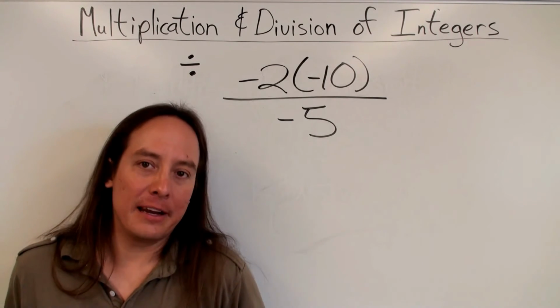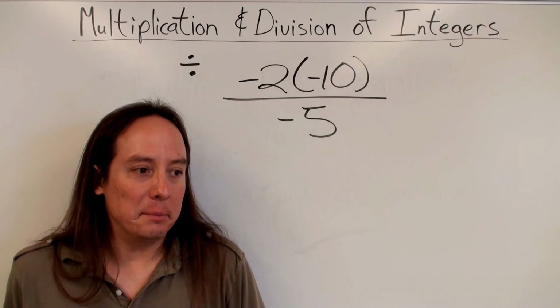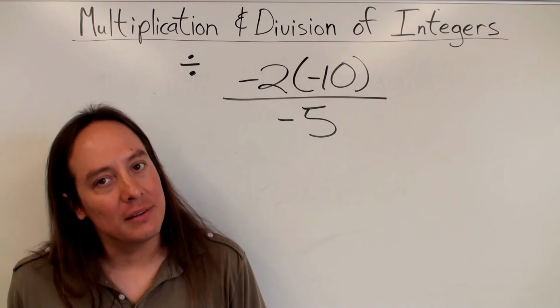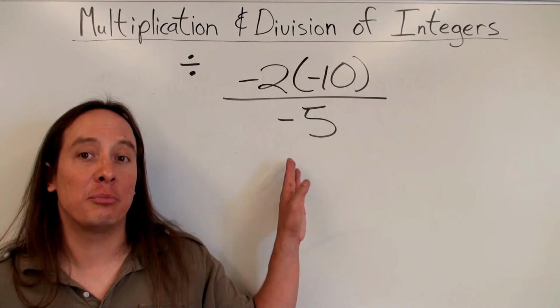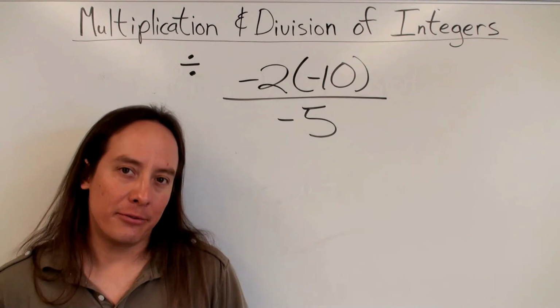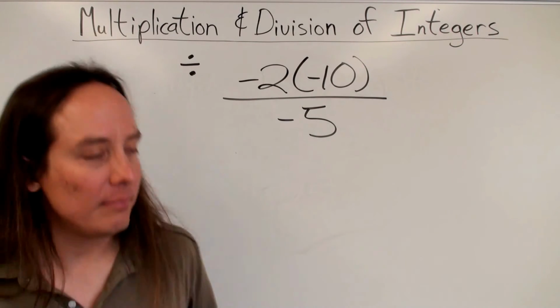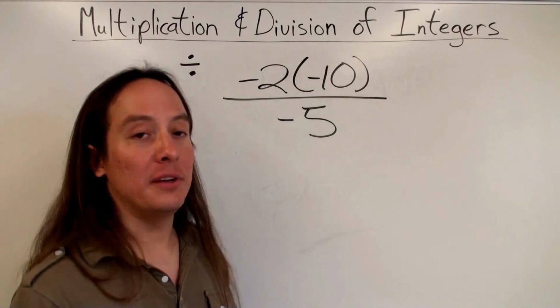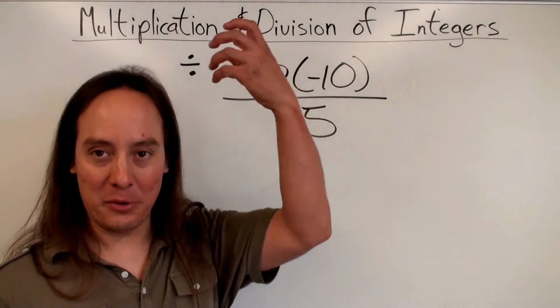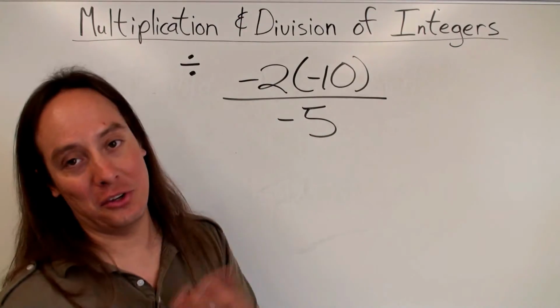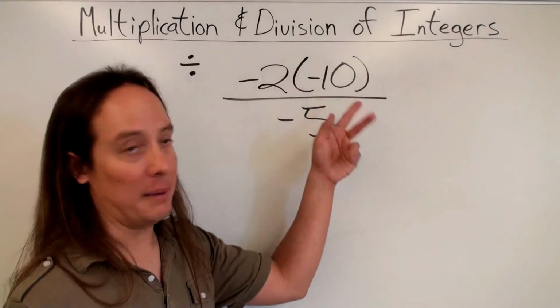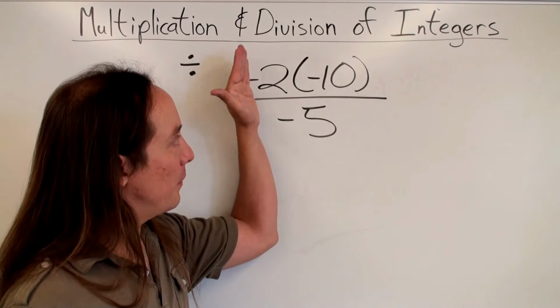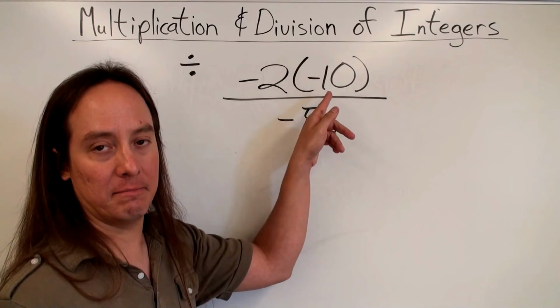You can't really forget what it means, but now division is going to be shown to us like this. It's going to be expressed typically in fraction form. So I can't do the division until I find out what the numerator is. And to find out what the numerator is, it looks like I have to multiply because the negative 2 is stuck right up against the minus 10.